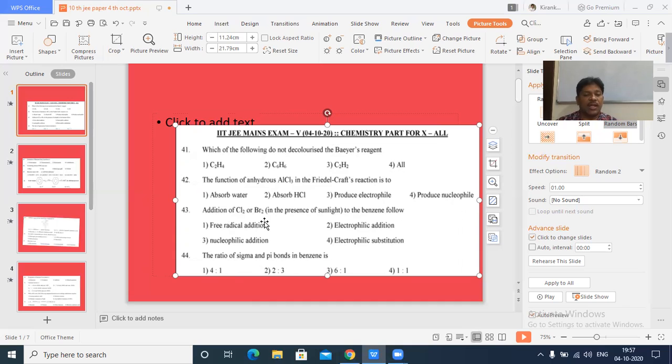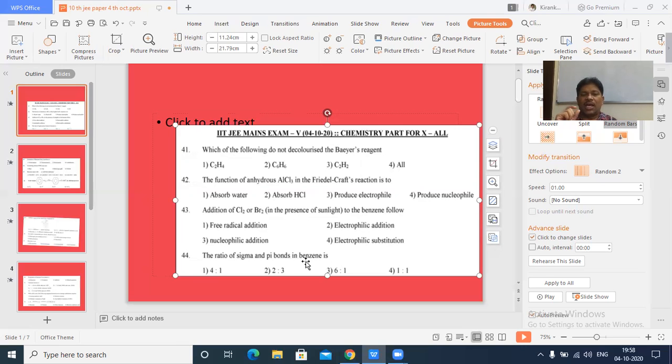And the next one is the ratio of sigma and pi bonds in benzene. Benzene has the formula C6H6, a hexagonal ring of 6 carbon atoms in which alternate double bonds are there. 3 double bonds indicate 3 pi bonds. Now between 6 carbon atoms, there are 6 sigma bonds.